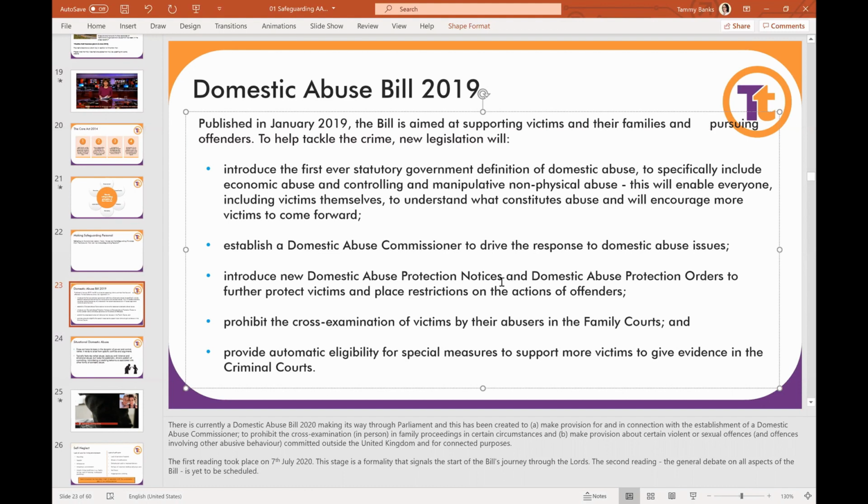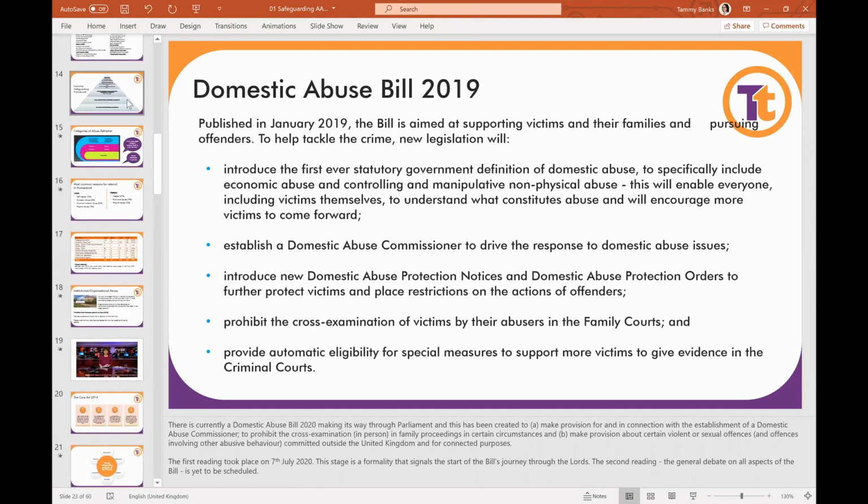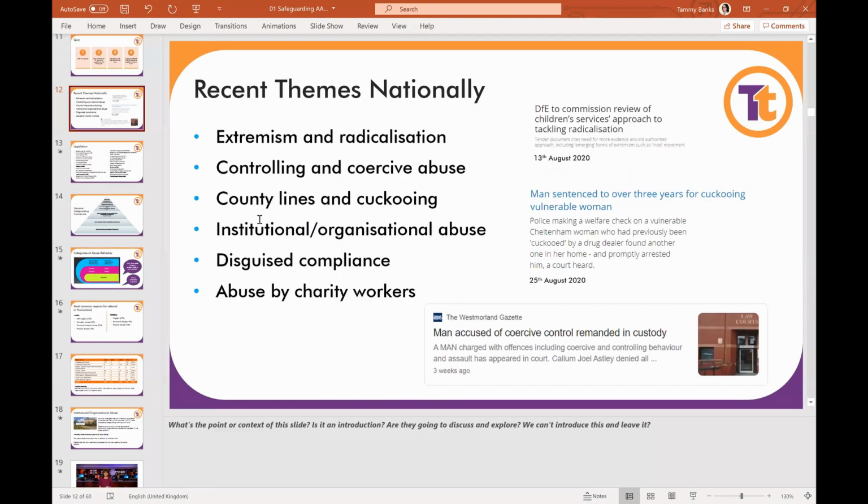I'm just wondering whether it would be best to go into these bits of legislation up there, or whether it would be best to go into those when you come down to these recent themes and changes, wherever that's gone. Because you could change that instead of recent themes nationally. You could put 3-year update, or changes over the last 3 years, or things that we've seen in the last 3 years.